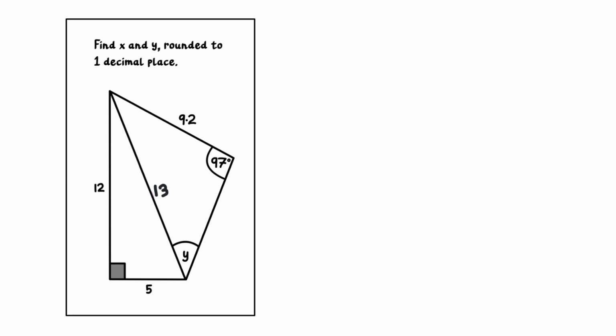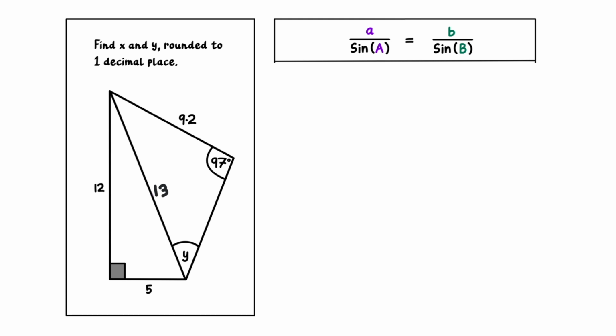This triangle does not contain a right angle. This limits us to either the sine rule or the cosine rule. To distinguish between them, we should count up how many sides and angles are involved. In our triangle, we have 2 sides and 2 angles. This is the setup for the sine rule.